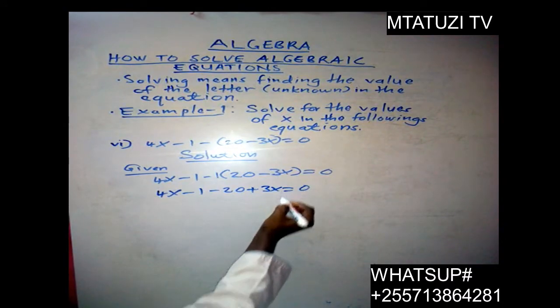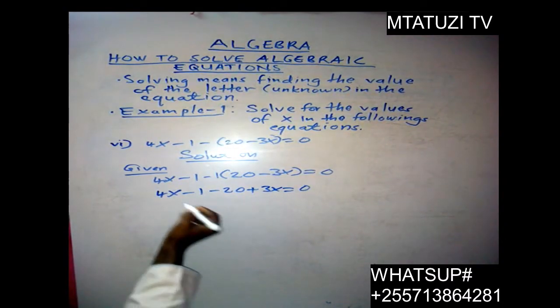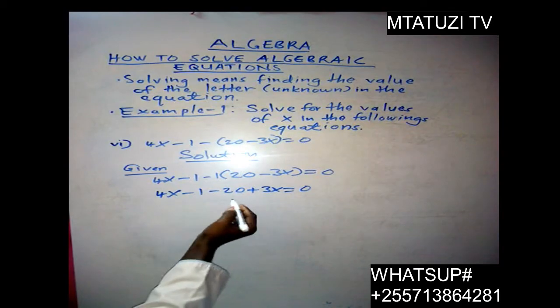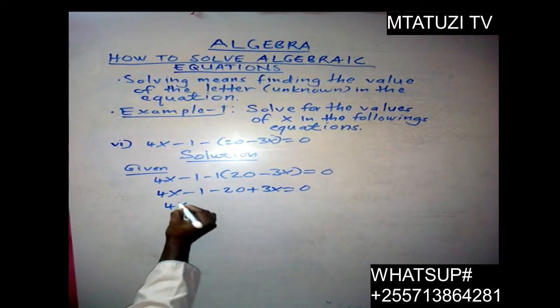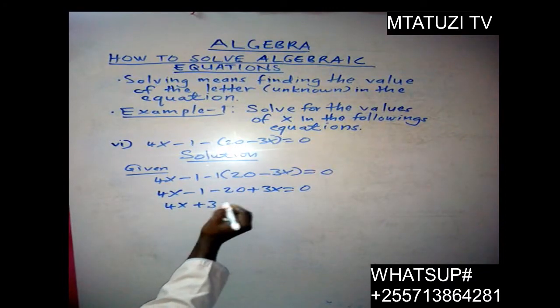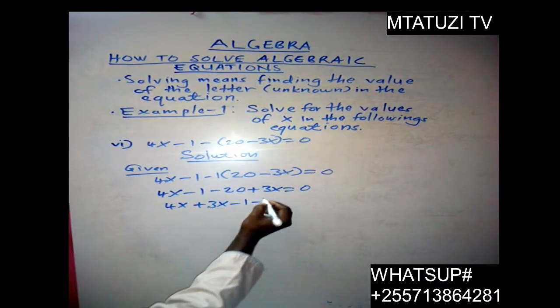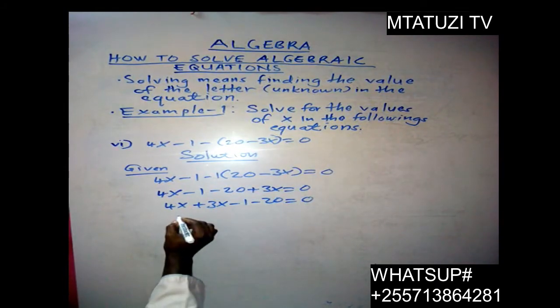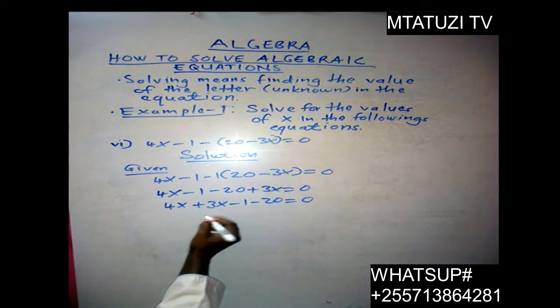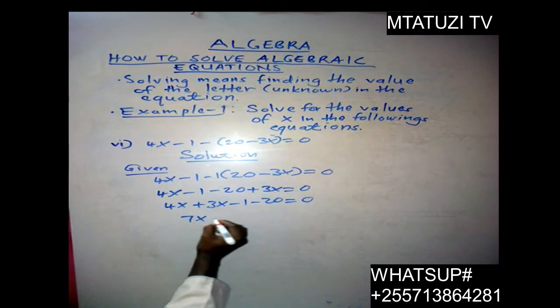So there we arrange them in a proper order, arrange the like terms. So 4x plus 3x minus 1 minus 20 is equal to 0. So therefore it will be 4x plus 3x, you get 7x.